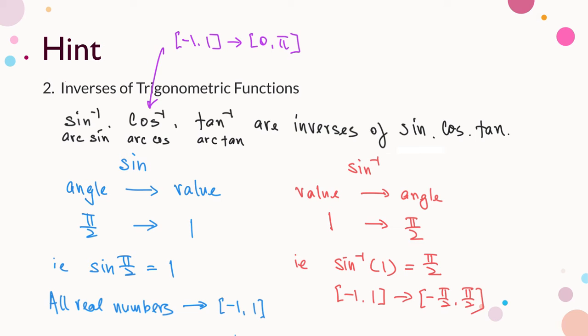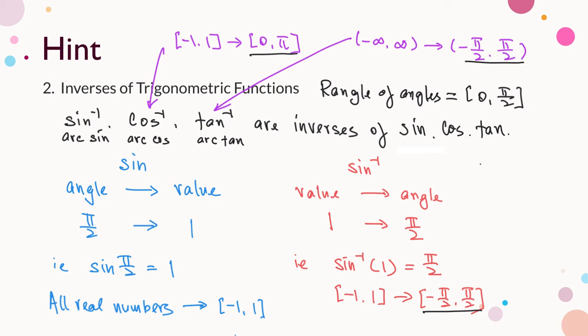The domain of arctangent is from -infinity to +infinity, and the range is from -pi/2 to pi/2 exclusively. To ensure the functions can be converted among sine, cosine, tangent, and their inverses, the common part of the range of the inverses is considered. That is, the range of angle concerned is between 0 and pi/2.